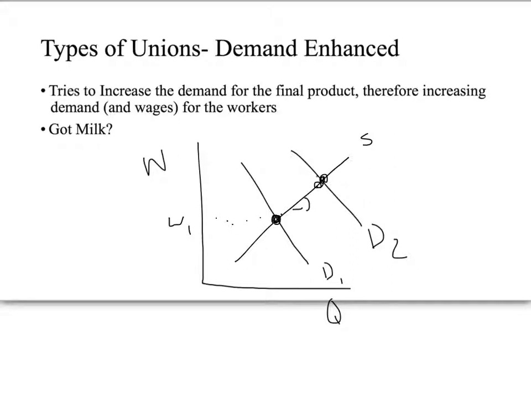We increased the demand for labor, so you can see their wages increased. And a good example of that is all the Got Milk commercials out there. It's produced by basically a union of milk farmers, and it works to increase the demand for the product, therefore increasing demand and wages for the workers.